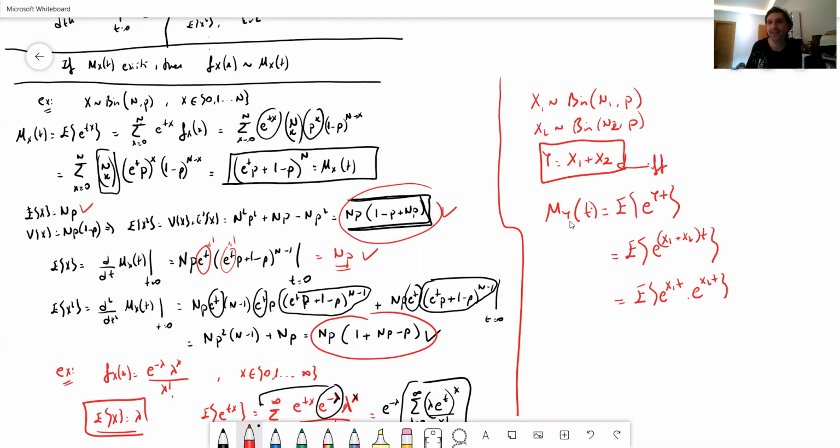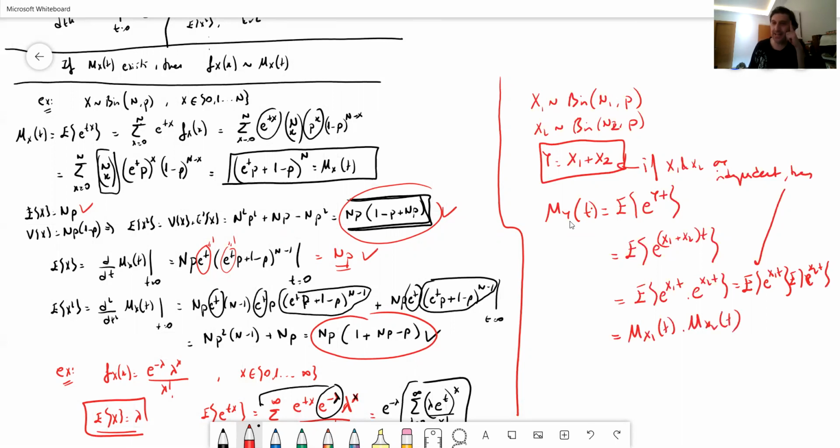If X1 and X2 are independent, then this can be written as the expected value of exponential X1t times the expected value of exponential X2t, which means this is going to be equal to the moment generating function of X1 times the moment generating function of X2.